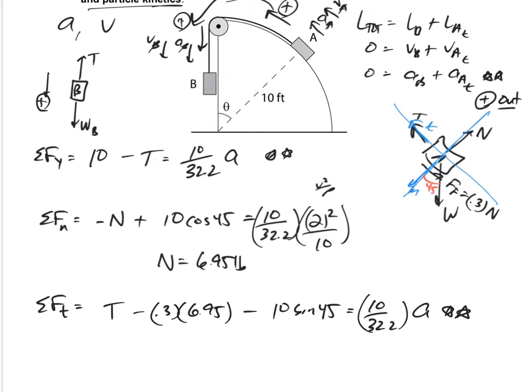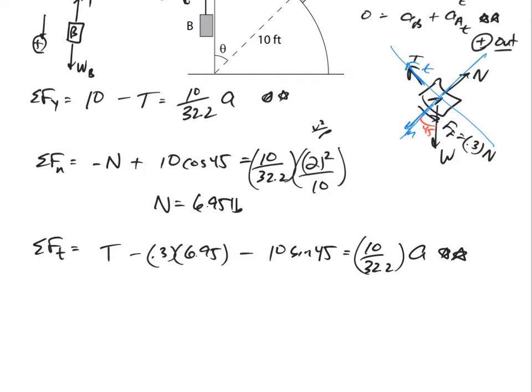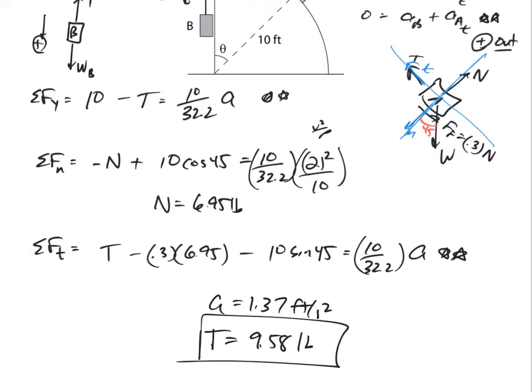Substitute, solve. So you should get that the acceleration of both of them is 1.37 feet per second squared, but it asks for the tension. The tension would be 9.58 pounds, and that's what it asked for.